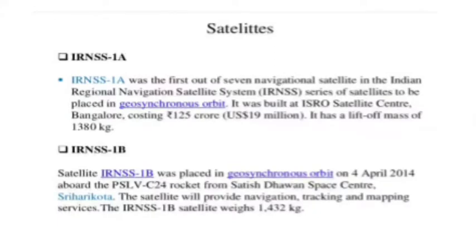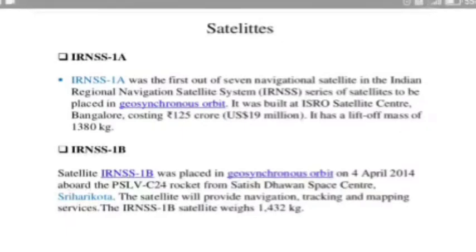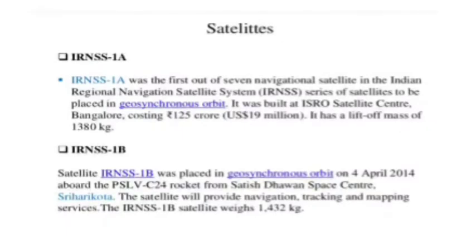The second satellite, IRNSS-1B, was placed in a geosynchronous orbit on 4th April 2014 by the PSLV C-24 rocket from Satish Dhawan Space Center, Sriharikota. The satellite weighs 1,432 kgs and is used for tracking and map services.